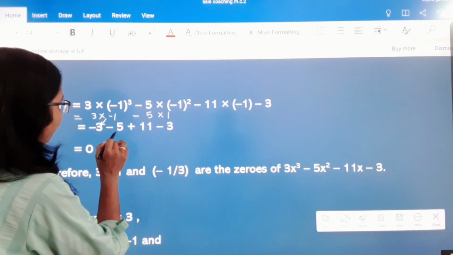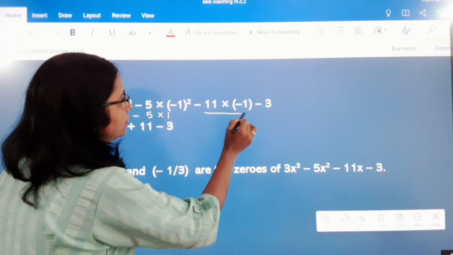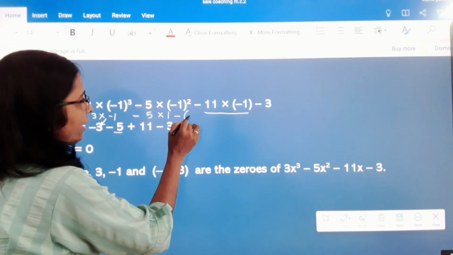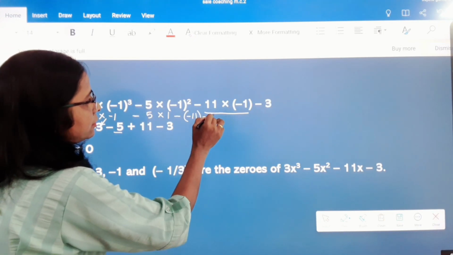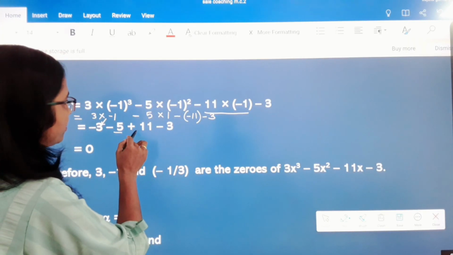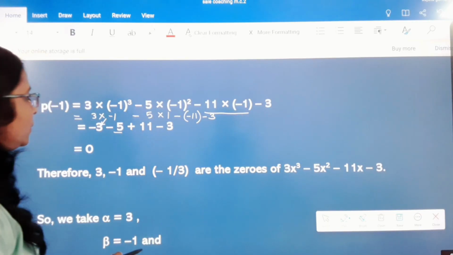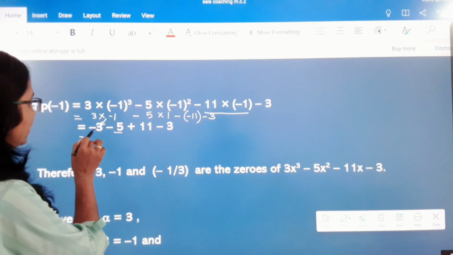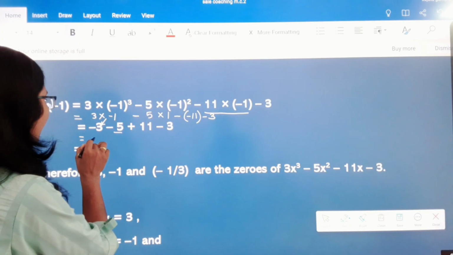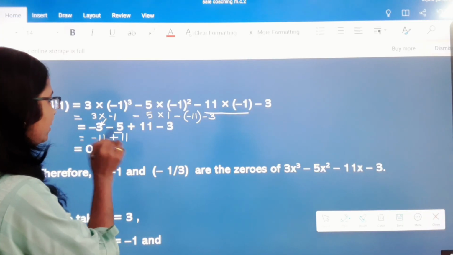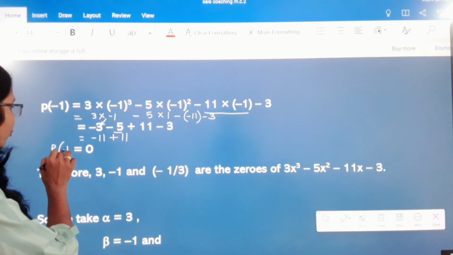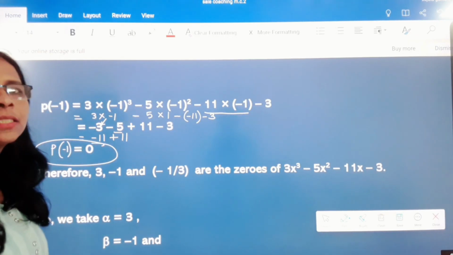So here 5 ones are 5, and 11 ones are, that means minus of minus 11, and here minus 3. So we get minus 3, minus 5, minus of minus plus 11, and minus 3. This way we get the values minus 3, minus 5, minus 8, and minus 3, that means minus 11. So minus 11 plus 11 will be equal to 0. So at minus 1 we get the value of the polynomial as 0.